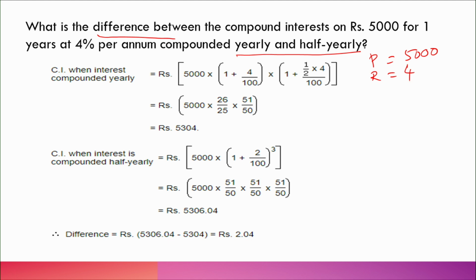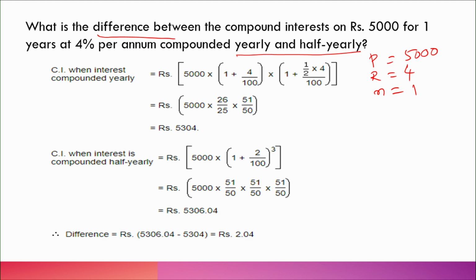And n is how much? Compound interest for 1 year per annum, compounded yearly, means n equal to 1, am I correct?